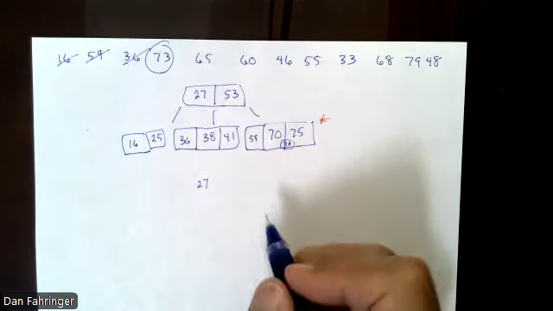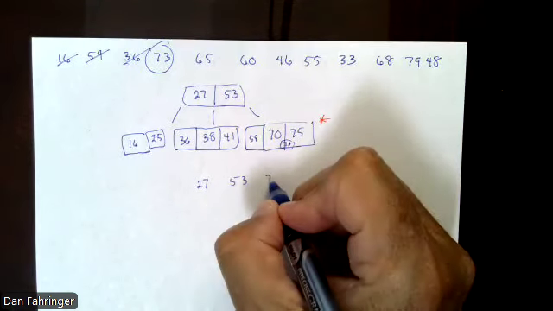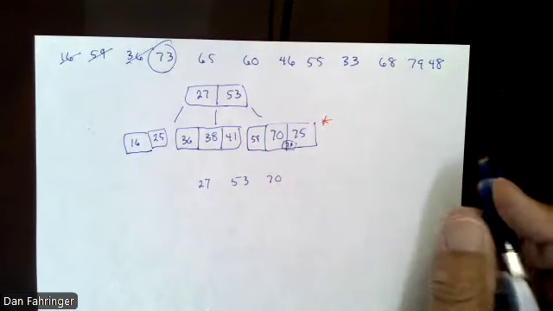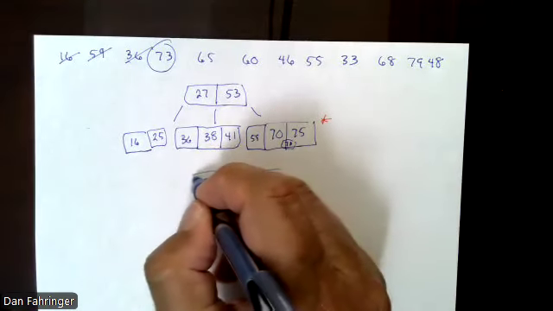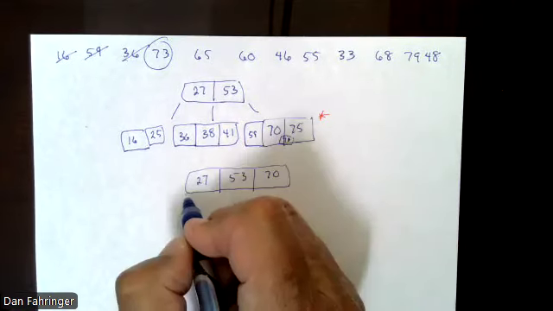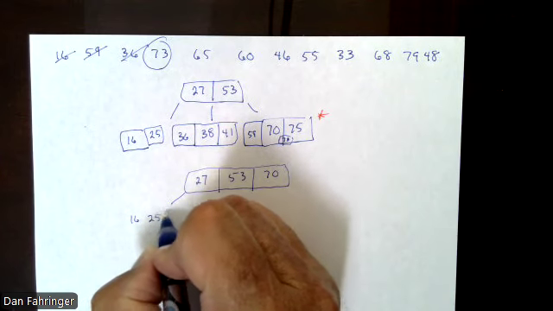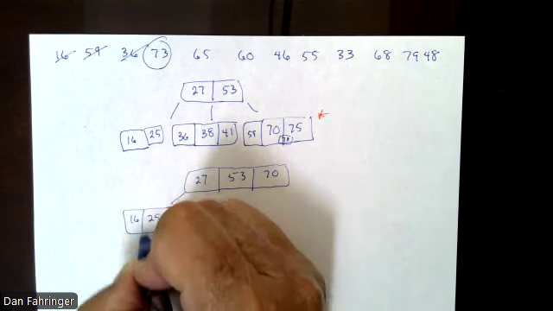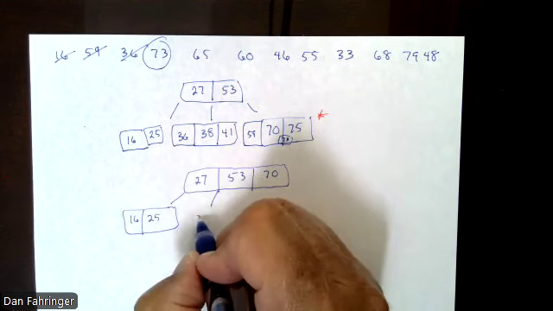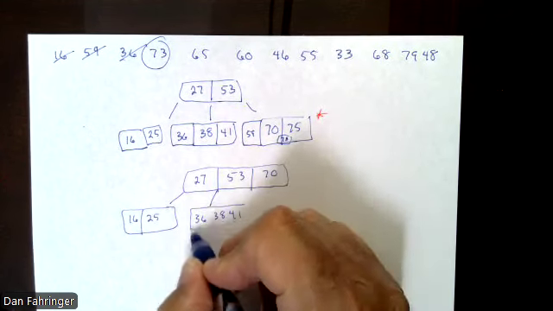So I'm looking at 27, 53, 70. 16 and 25, 36, 38, 41.